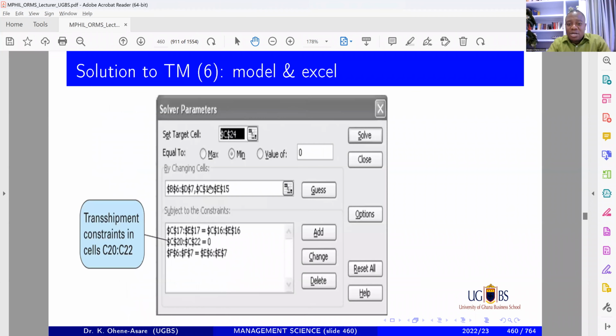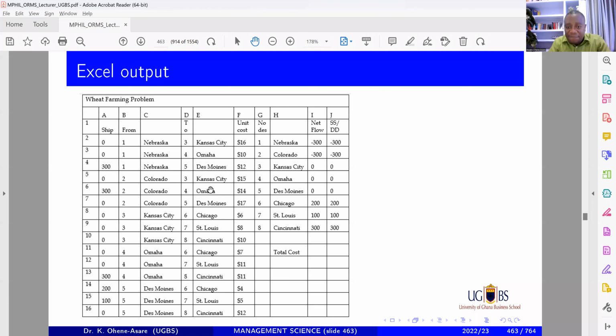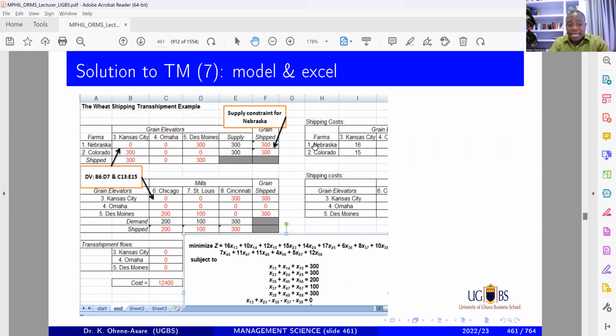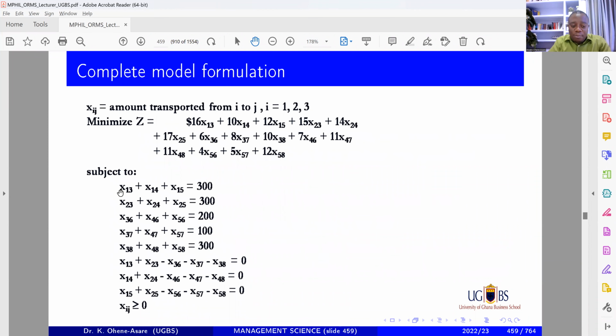As for the 300 on the right-hand side, you are not going to bother to touch it. But what you are going to touch is this. Check the formula again. It is adding the decision variables x13, x14, x15 together. And why do you get that?